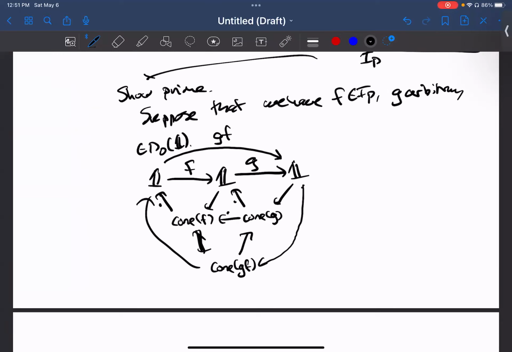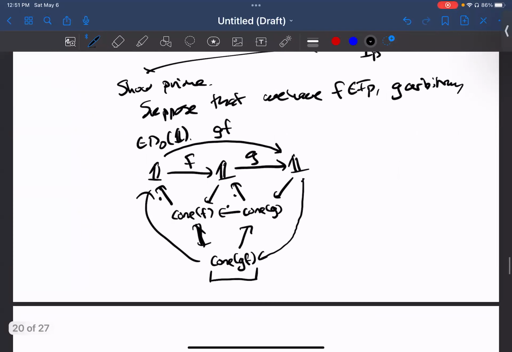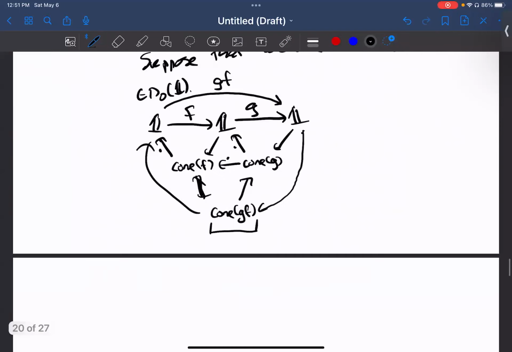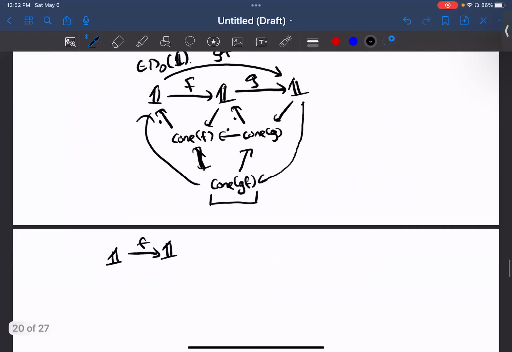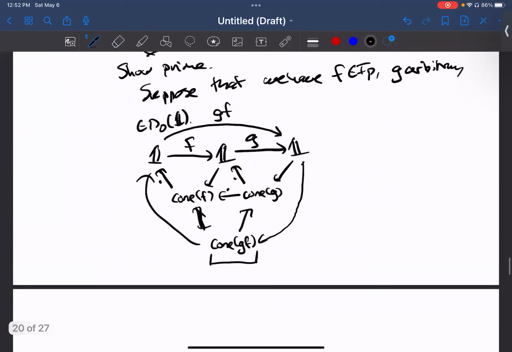Okay, so we want to show that this is not in P. Another way to set this up is we can take some, I'm not sure if I need a tensor there or not.